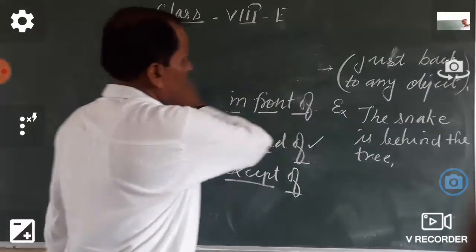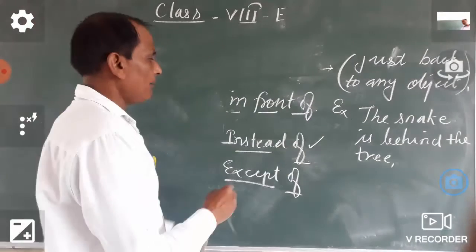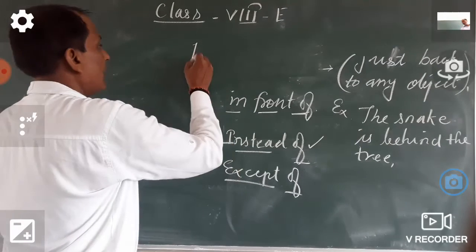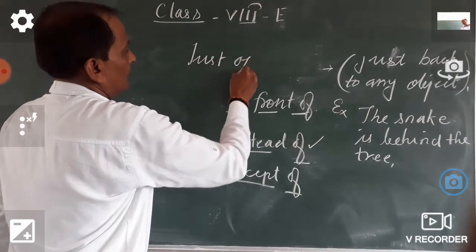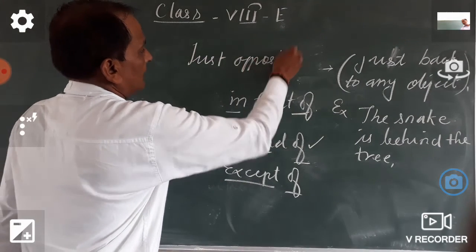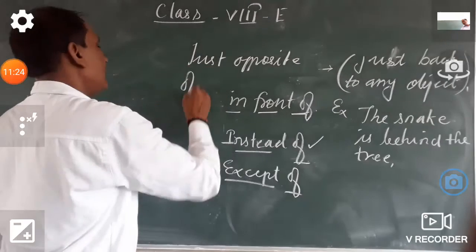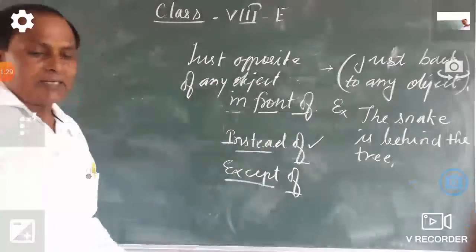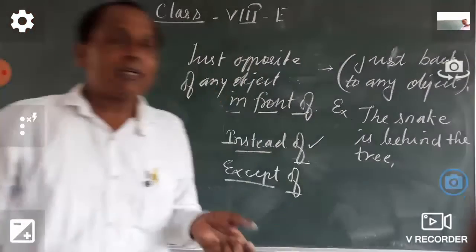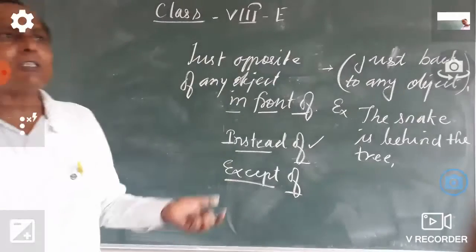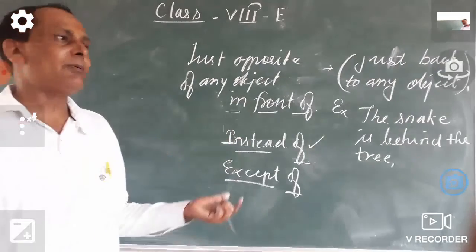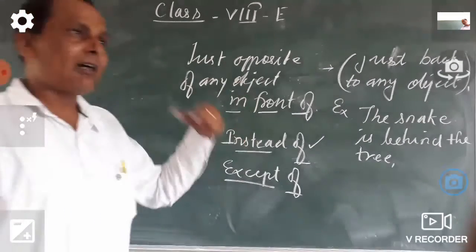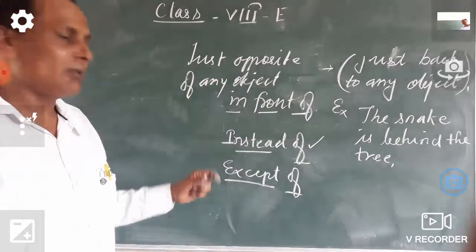In front of. Now you see the in front of. Okay. In front of means just opposite of any object. Just opposite of any object means you live in front of me, means your house is in front of me, means the object is a house and you live there.